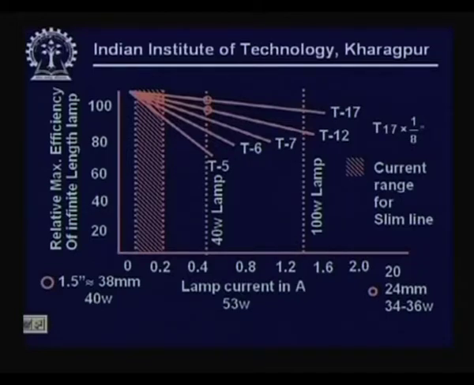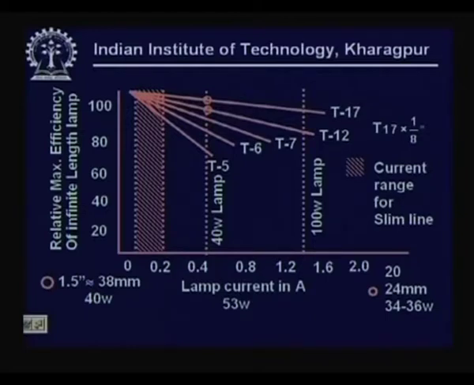Of course, this figure supposes that the operating voltage is around 110 volts. That is when you get these kinds of current levels which are shown. It is around 1.4 amperes for 100 watts and 0.5 amperes for a 40 watt lamp, and there is a shaded zone. The shaded zone is what we call slim line.